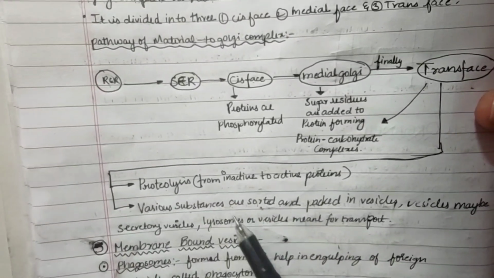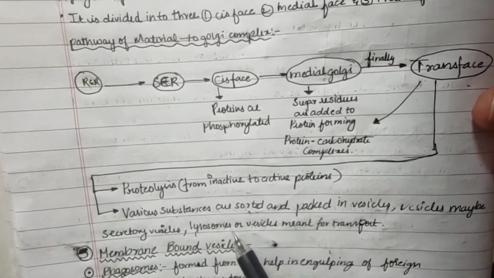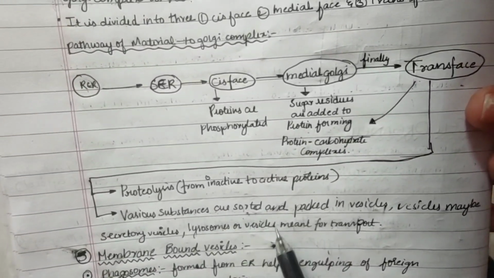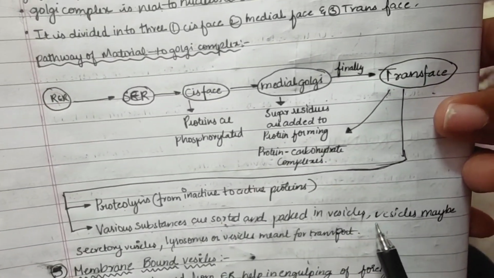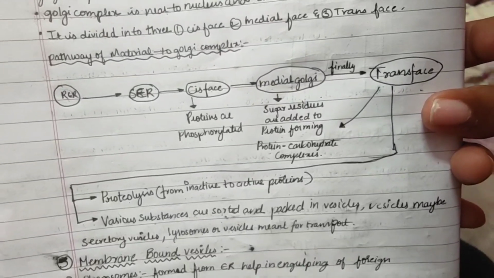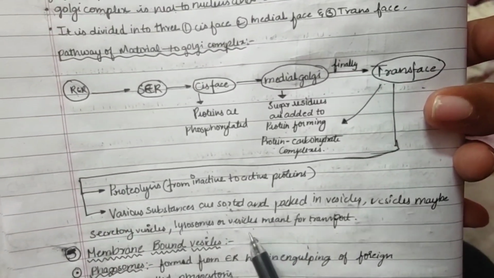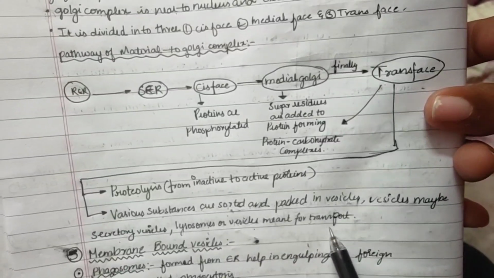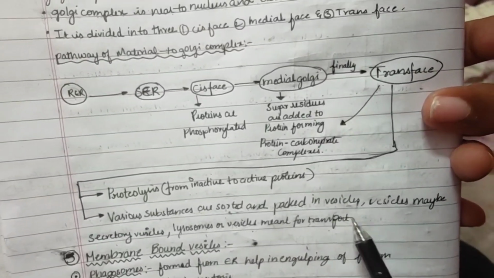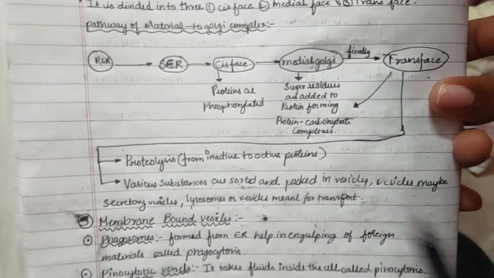Then various substances are sorted and packed in vesicles. Then vesicles may be secretory vesicles, lysosomes, or vesicles which are meant for transport, or excreting vesicles, etc.